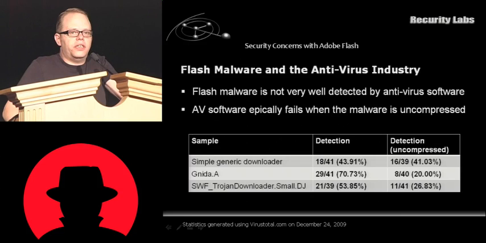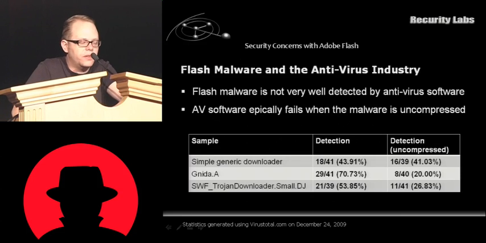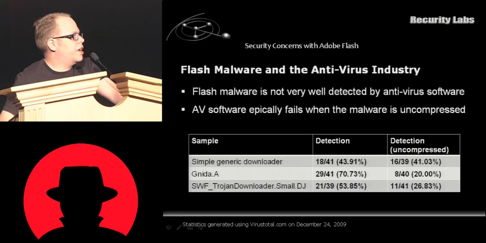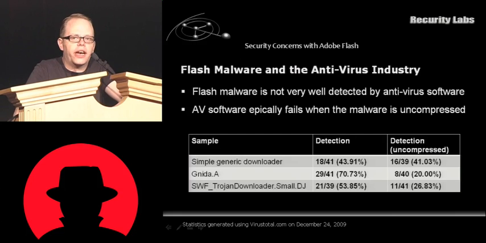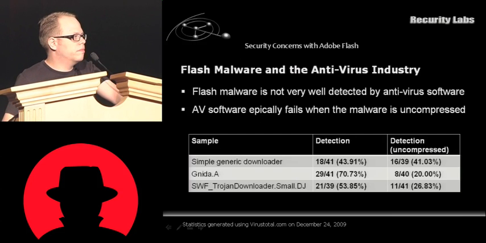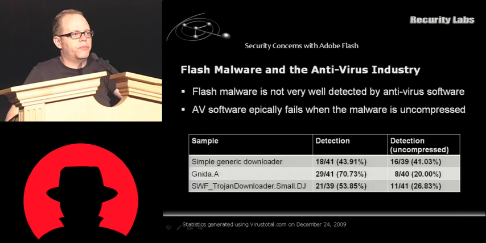I said initially that AV and traditional detection methods are pretty much a bad fail here. And here's an example. Gnida is one of the most common pieces of Flash malware that actually uses Flash functionality. It's a click fraud, banner campaign piece of code. And when you feed it to VirusTotal, you get about 70% coverage, which is already pretty bad.